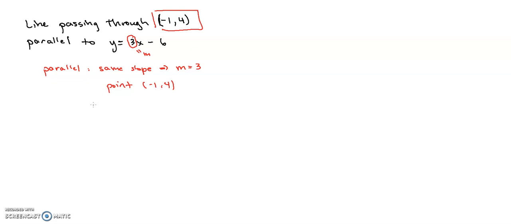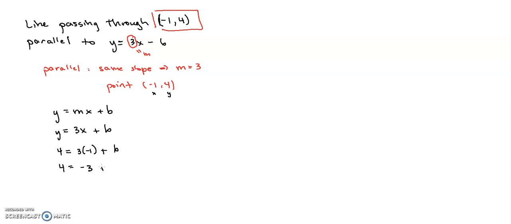You can remember we talked about the two different forms of the equation. I'm going to go ahead and use y equals mx plus b, but you can use the point-slope version as well. That's fine. So I'm going to put in the m, and the equation looks like this. I'm going to put in the point as my x and y so I can find b. So 4 equals 3 times negative 1 plus b.